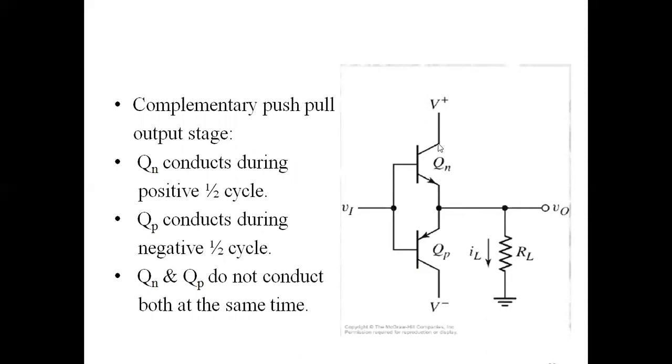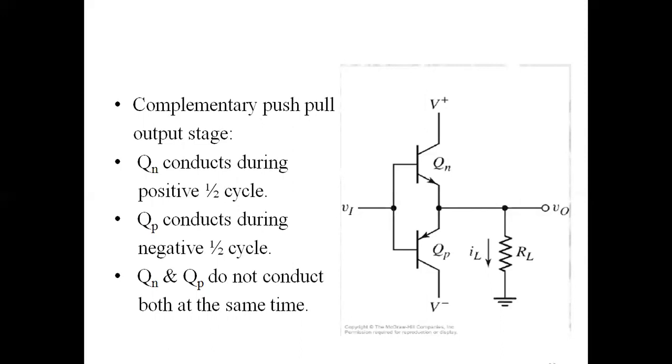Qn pushes the source current into the load when Vi is positive, and similarly Qp pulls or sinks the current from the load when Vi is negative. Hence this arrangement is also called a complementary push-pull output stage or complementary push-pull amplifier.